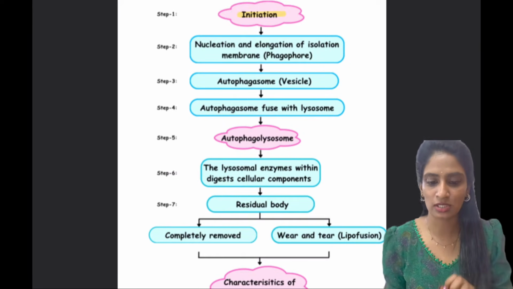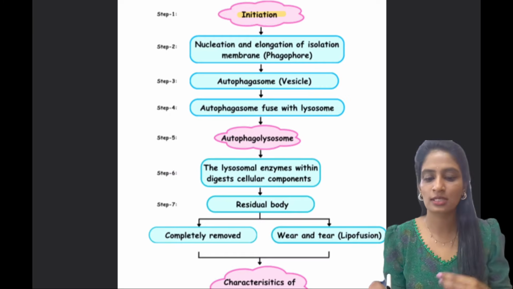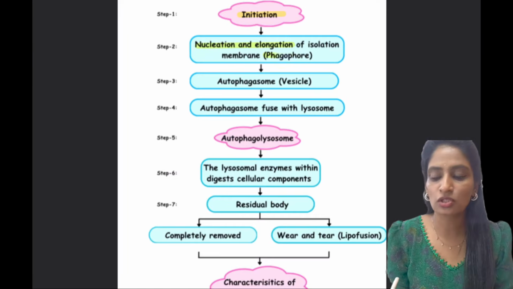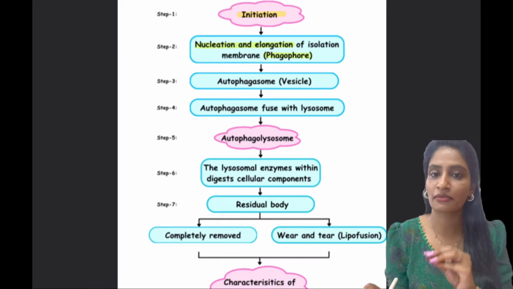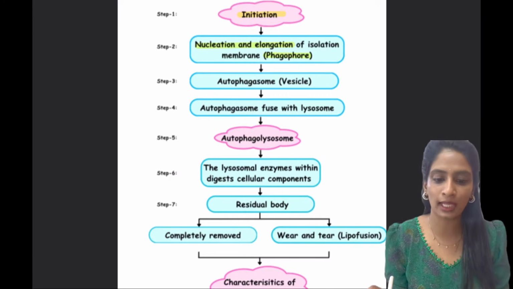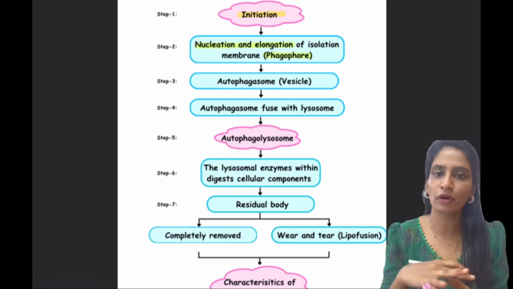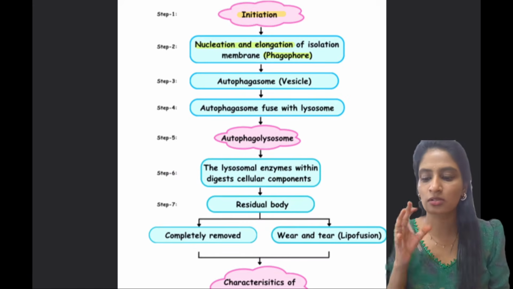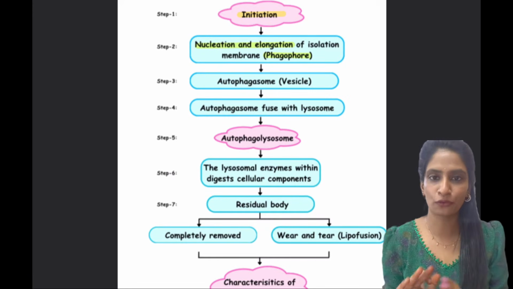That is your initiation step. Then the cell starts its nucleation and elongation with the isolation of membrane. That is called a phagophore. A phagophore is like a small bubble-like element. The membrane will be formed from the cytoplasm, like a projection. It's called a phagophore.